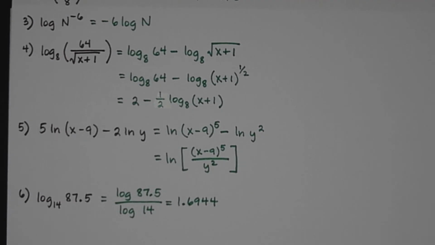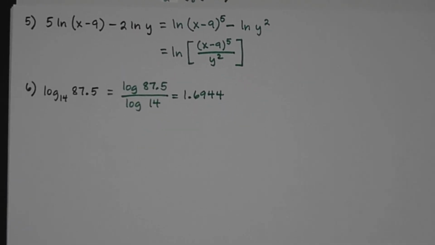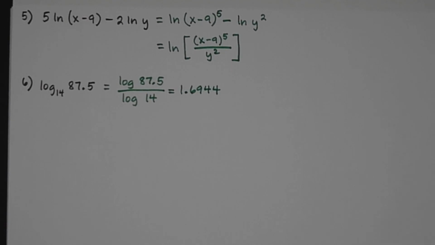So those first 6 problems came from section 4.3 dealing with properties of logarithms. All right, 4.4, well, problems 7, 8, 9, and 10 are from section 4.4, and also problem 11 from 4.4 dealing with exponential and logarithmic equations.